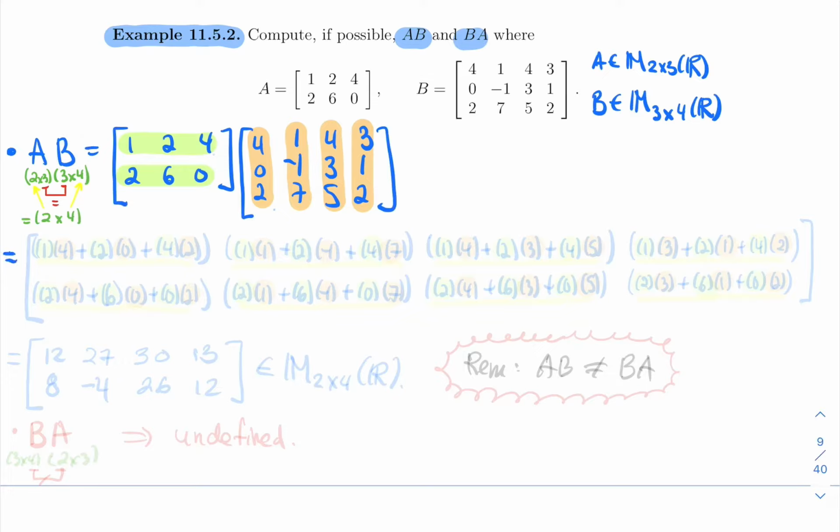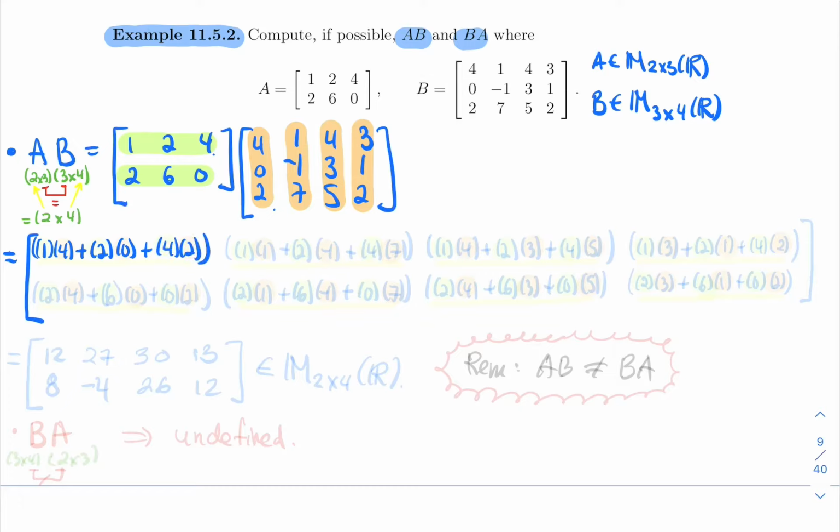So if I start my expansion, the first dot product, we're talking about 1, 2, 4 multiplying as a dot product 4, 0, 2. So you're getting 1 times 4 plus 2 times 0 plus 4 times 2.